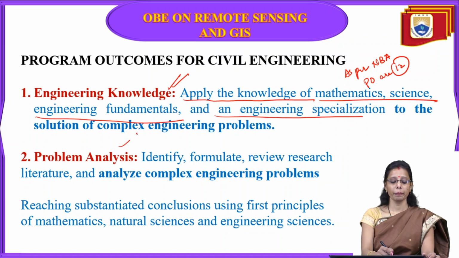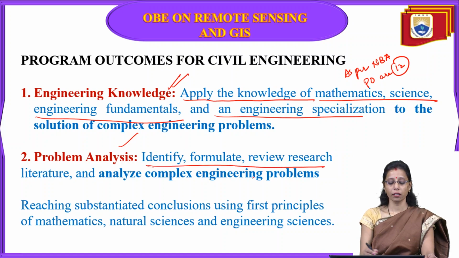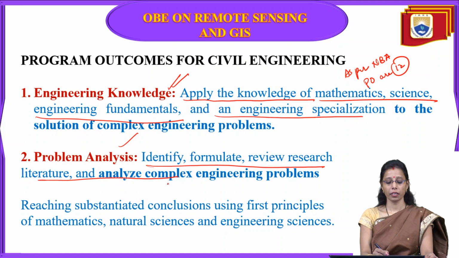Now we have problem analysis, the second PO, the program outcome of the NBA. So what is problem analysis here? Problem analysis here is to identify, formulate, review literature, and analyze complex engineering problems.